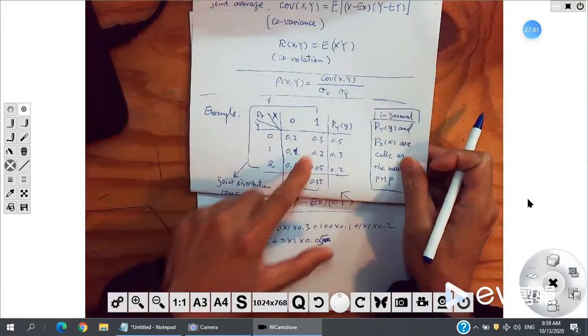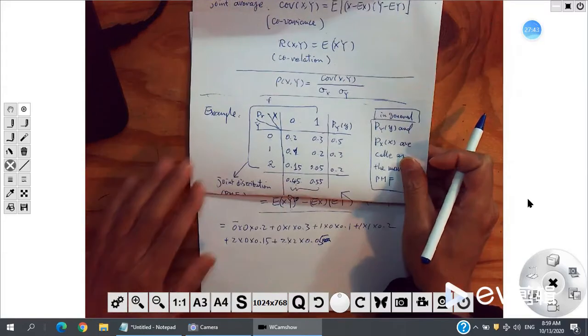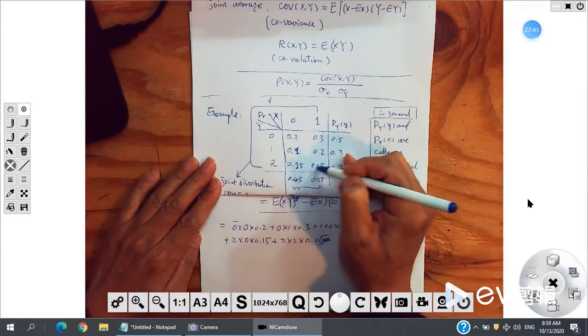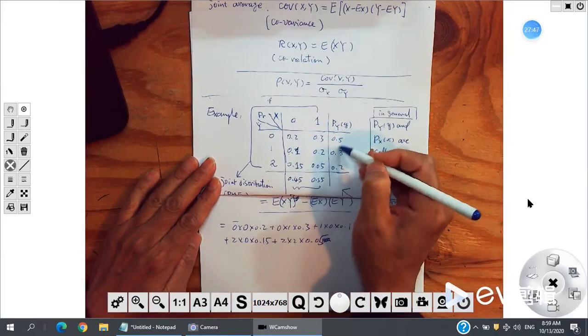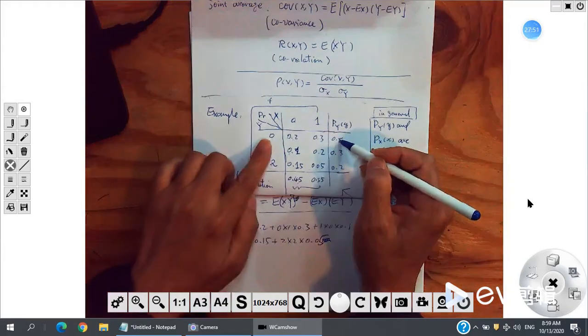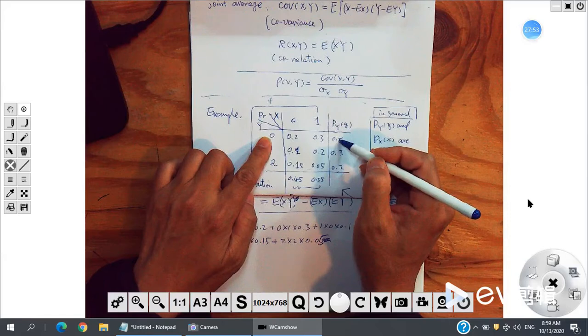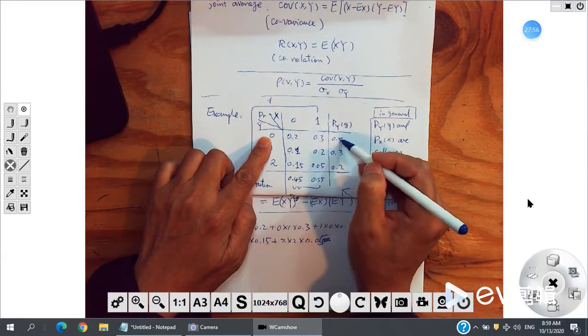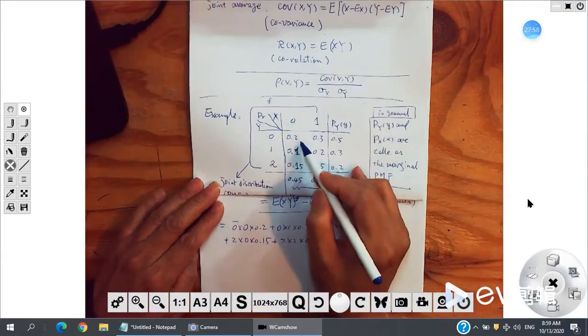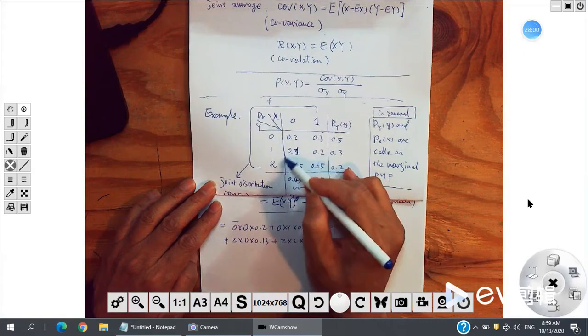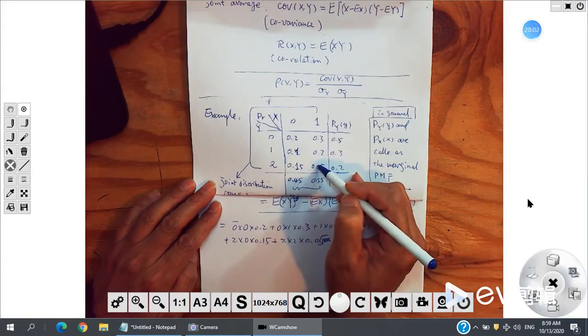Yeah, 6. In this case you have to use the joint distribution. You cannot use this because this part is only related to the value of Y. For different X they mix together, right? Now you have to separate each case, so you can only use the joint probability, the joint distribution.